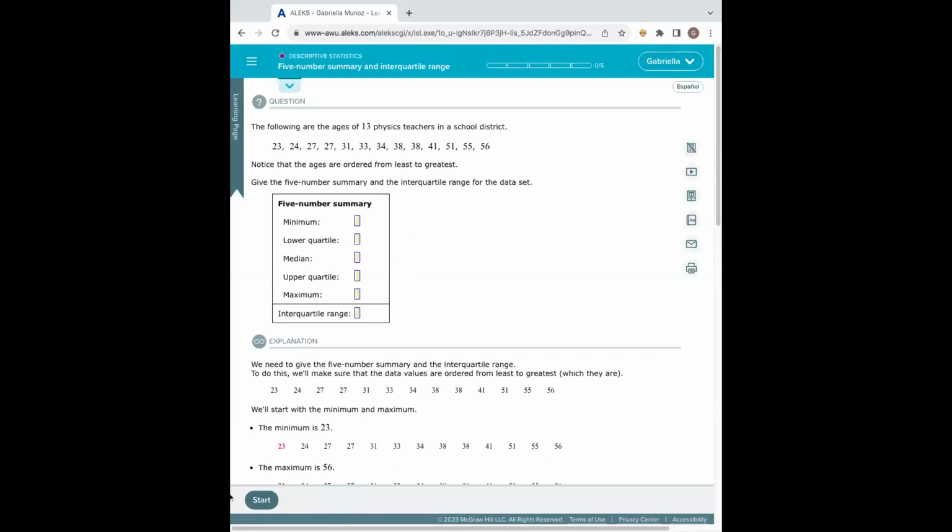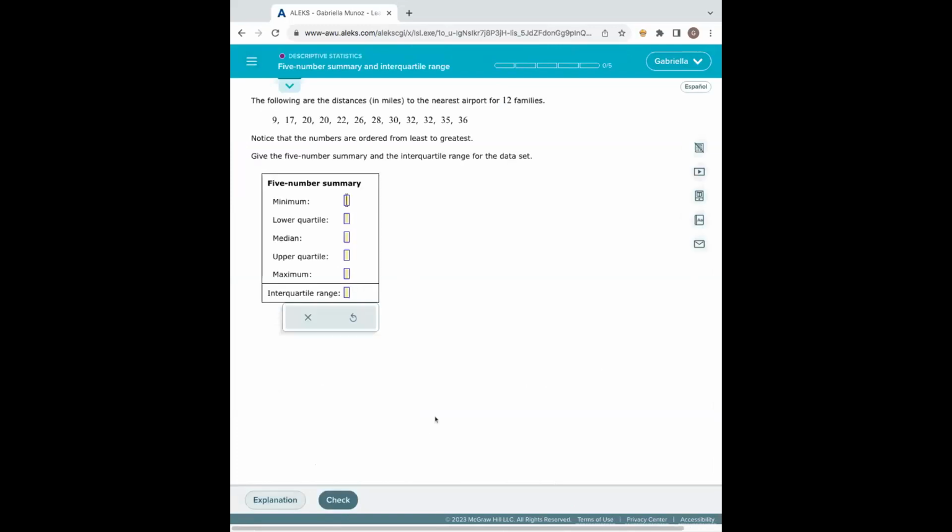I'm just gonna skip right to it. These are quite long problems, although they put the data in order. So you want to do it this way: find the minimum value, which is all the way on the left. That's 9. And then the maximum value, which is 36. Those are the easiest ones to find.